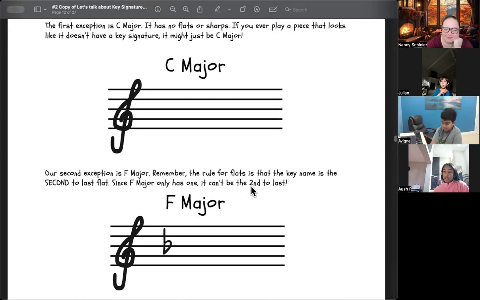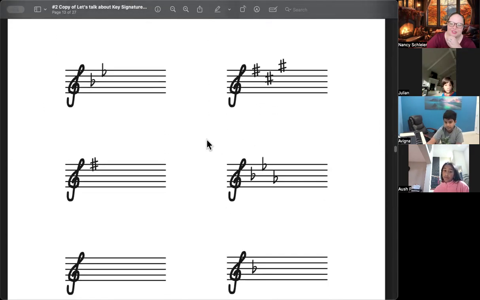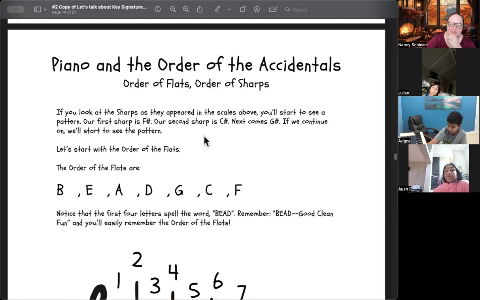But if there's one flat, this one doesn't even have a second to last. And so this one is F major with only one flat. Absolutely. Very good. And here are some more examples that we can do.